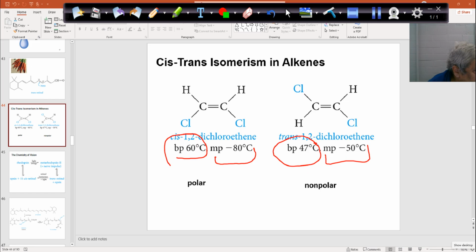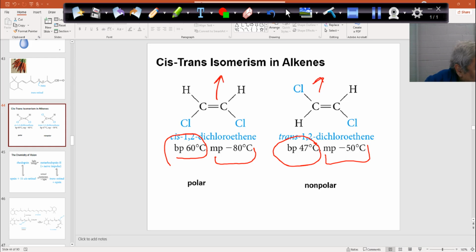Although they have the same molecular mass and the same number of the same type of atoms, the orientation in space being different will lead to what? Different physical and chemical properties. So you can't expect those two to react identically 100%.